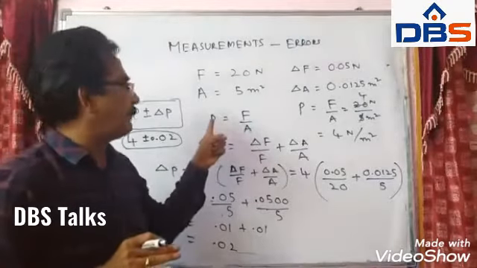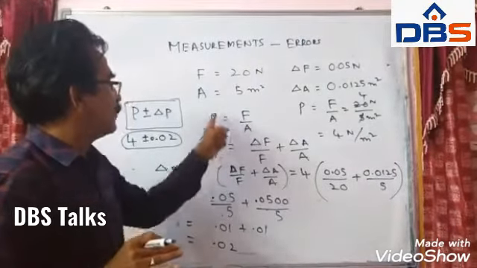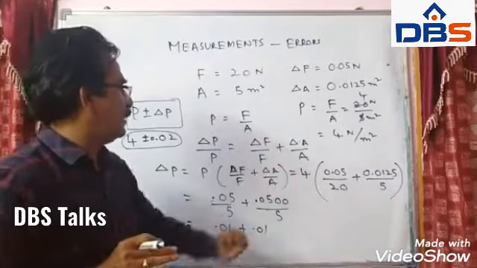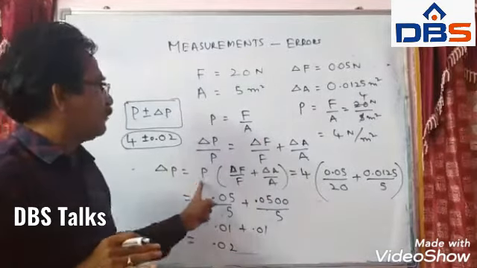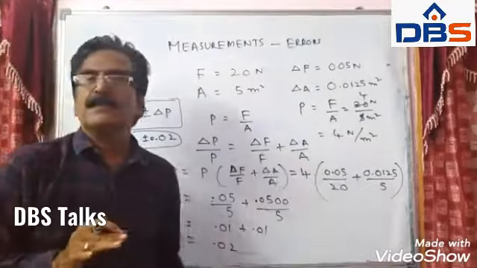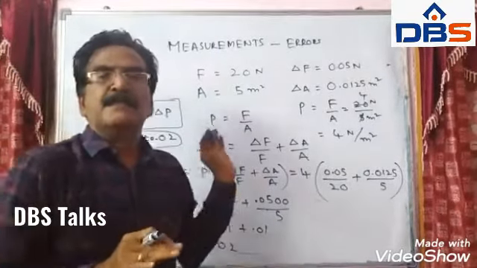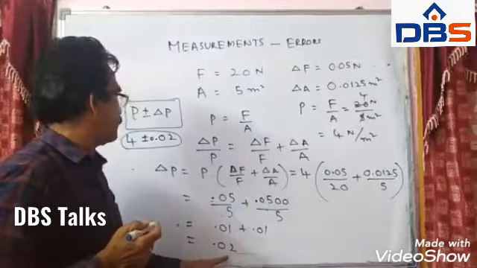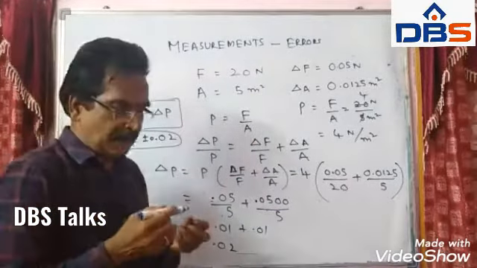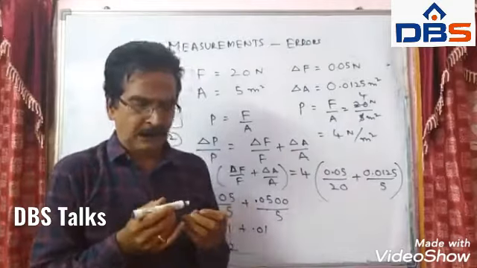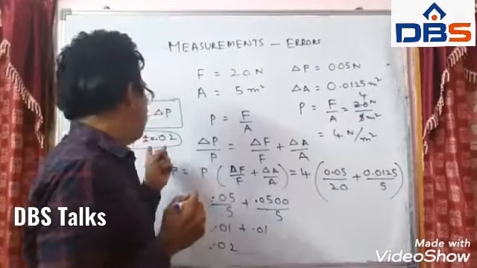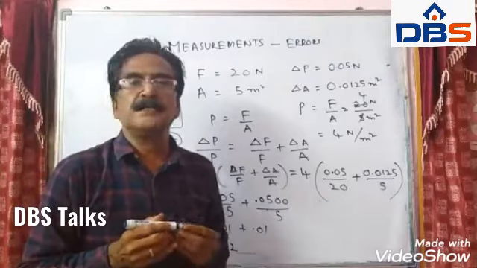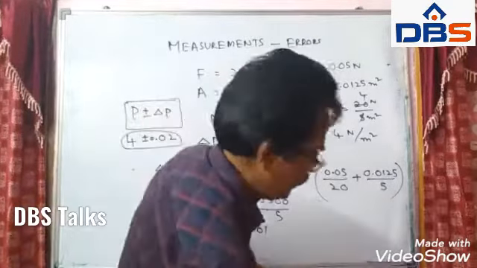We know the formula P is equal to F by A, so delta P by P is equal to this, and delta P is equal to P into this. On substituting the values, we get delta P as 0.02. So pressure with absolute error is 4 plus or minus 0.02. Okay friends, let us see one more problem.